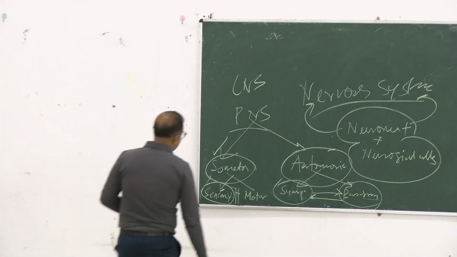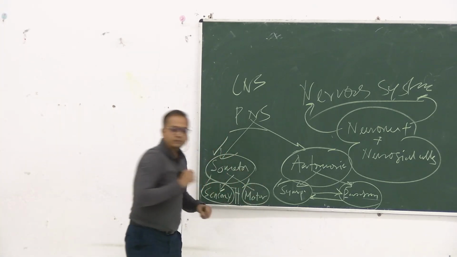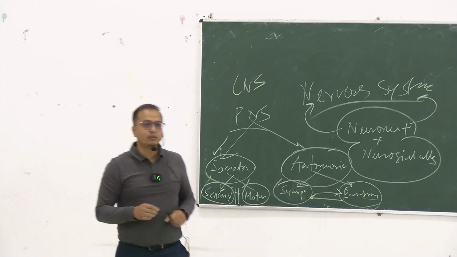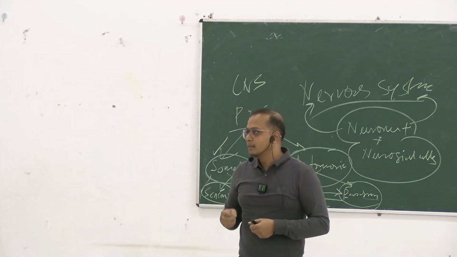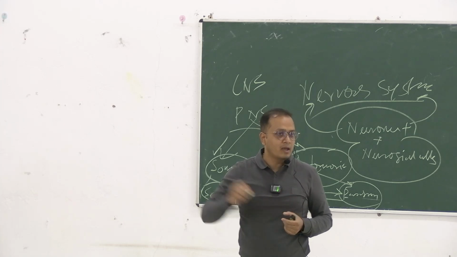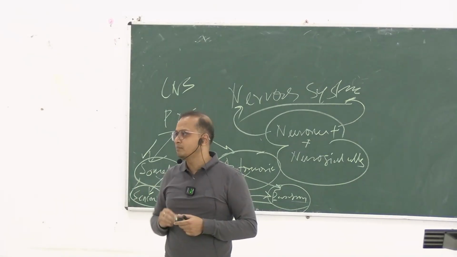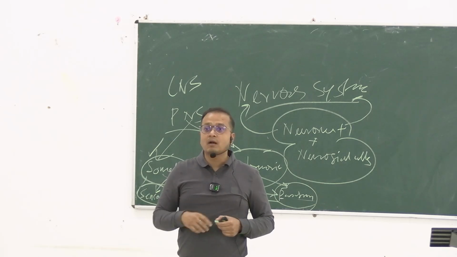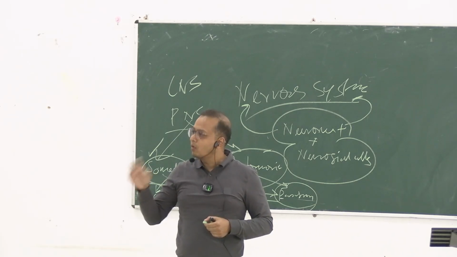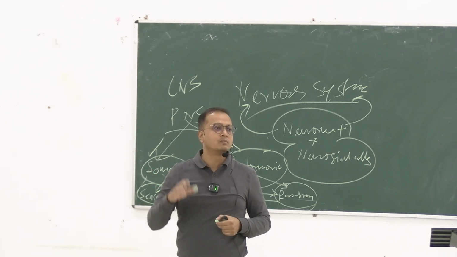The second thing we call motor. That motor element relates to mobility. If you have to move anything, if I have to draw something, write something, or walk, I need some muscle to work. Those muscles are activated, innervated or stimulated by the nerves known as motor nerves.